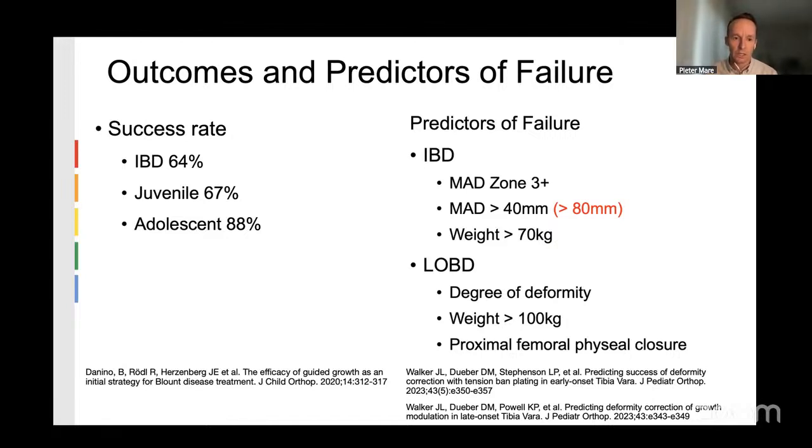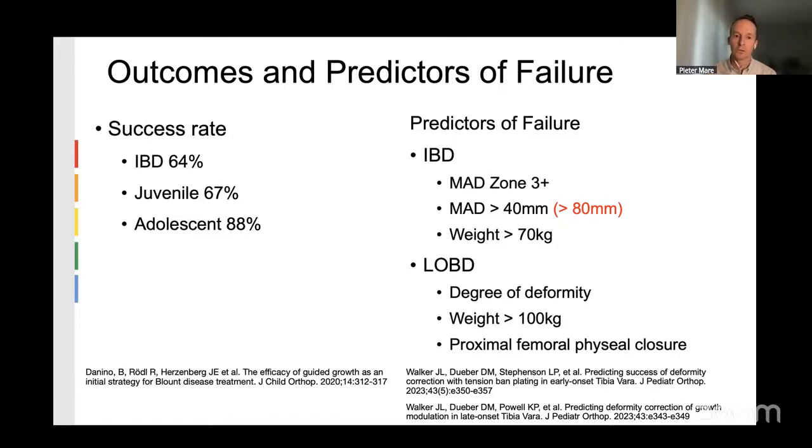They published quite a few papers in 2023 looking at guided growth in Blount's disease. And in infantile, they tried to look at which are the predictors of failure. In infantile Blount's disease, it appeared that a mechanical axis deviation greater than or equal to zone 3 predicted a failure, as well as a MAD greater than 40 millimeters as an absolute measurement. So that was associated with treatment failure.